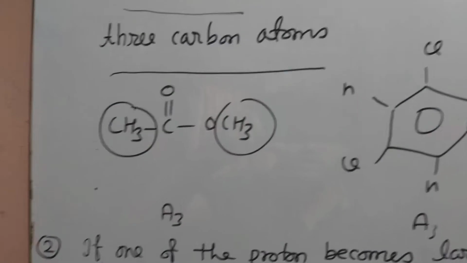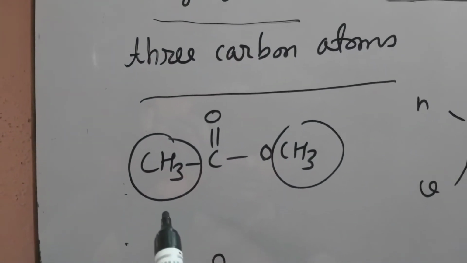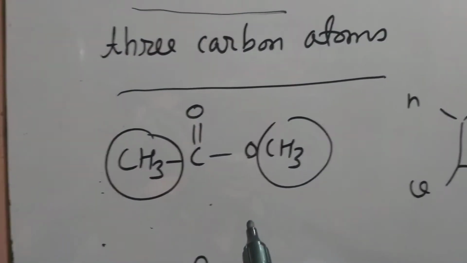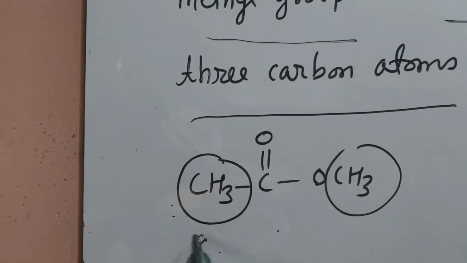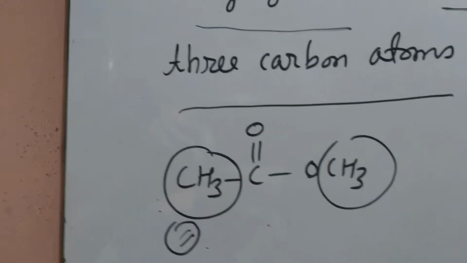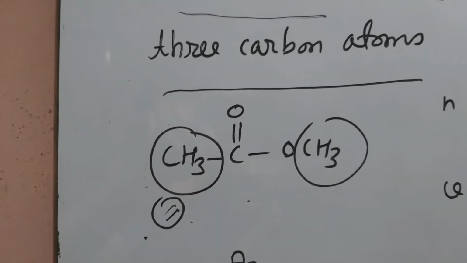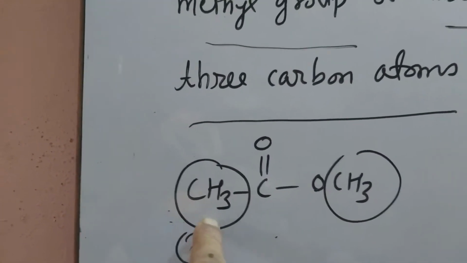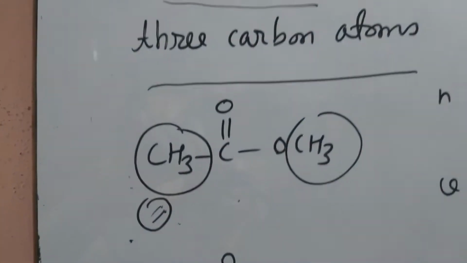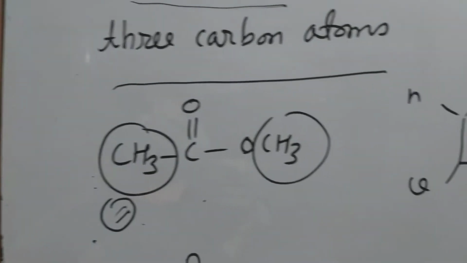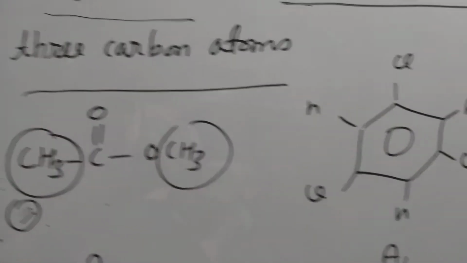For example, this is the first case, CH3COOCH3. Here, this type of system can be classified as an A3 system because all the protons attached to that carbon atom are equivalent and they will appear as a singlet peak.